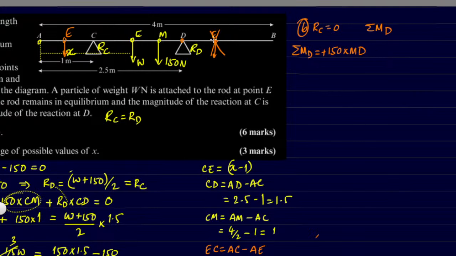Then the point E we have to take here on this side, right? Yes. So W into distance DE. This is clockwise, so minus. Total should be 0. So now 150 into MD. MD is how much?